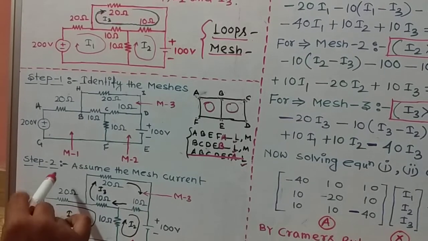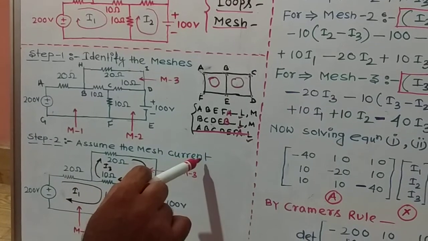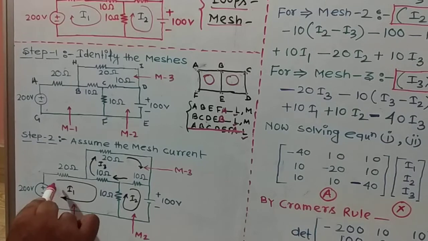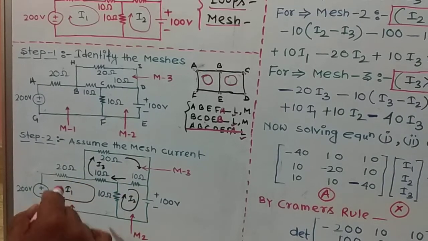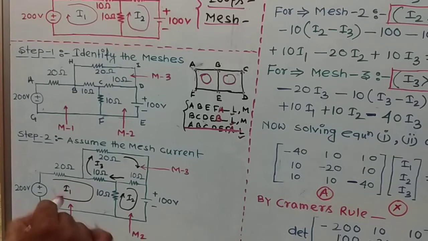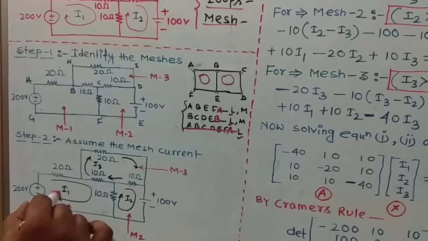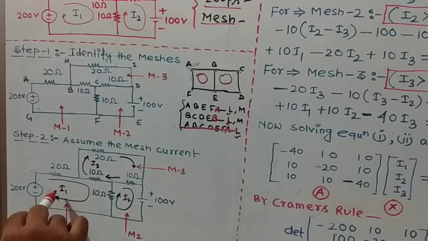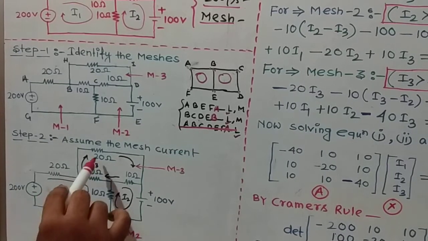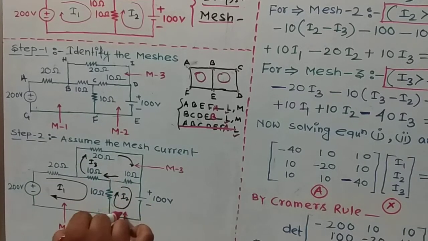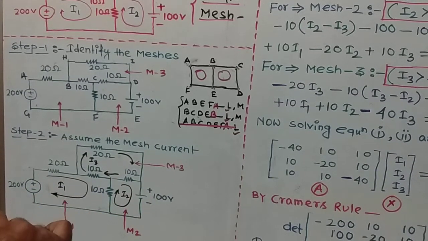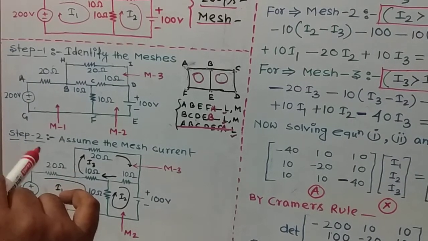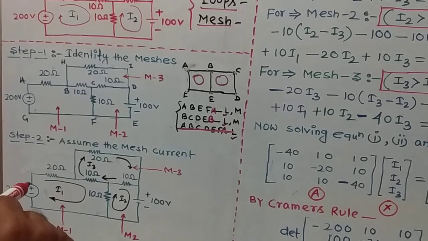Step number 2: assume the mesh currents. You can take the directions of the mesh currents in any way based on the direction of the current assigned in the circuit. Then you have to write your KVL equation. I have taken the clockwise direction as the current direction of each and every loop current, and I must tell you that mesh analysis is based on loop current.